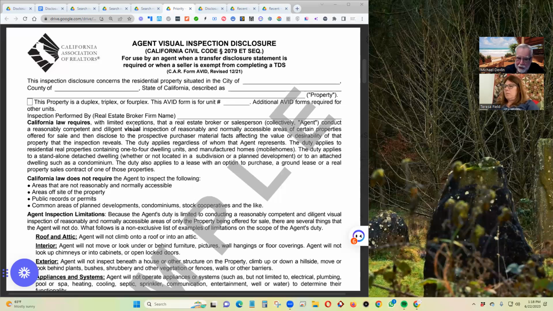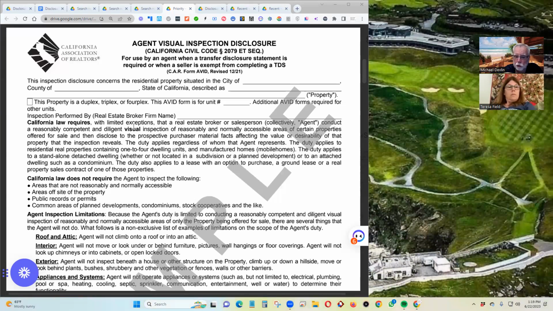And some of those apps that I talked about, and which I'm going to probably still mention before we're done, because they're phone apps, you can record directly into an AVID form on your phone the things that you are diligently and competently visually inspecting. Right? Fill it out when you show the house. It'd be good practice, wouldn't it? Right? Then you don't have to go back.